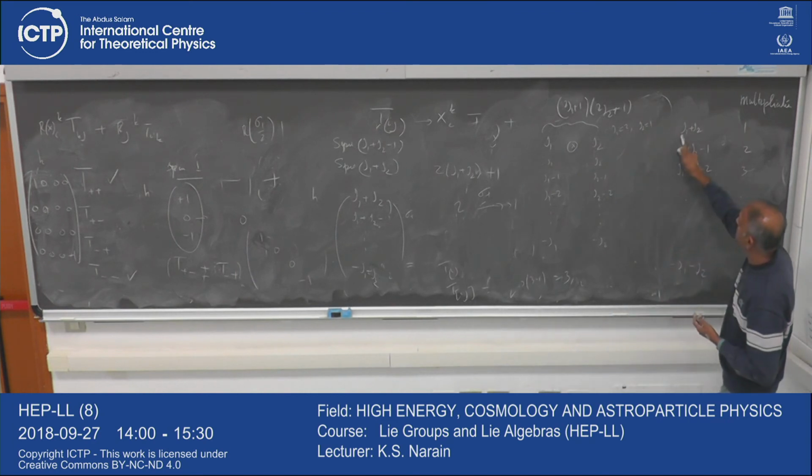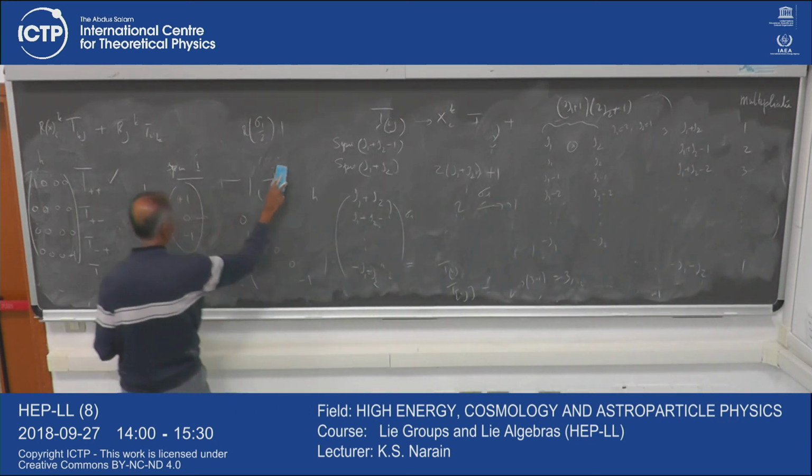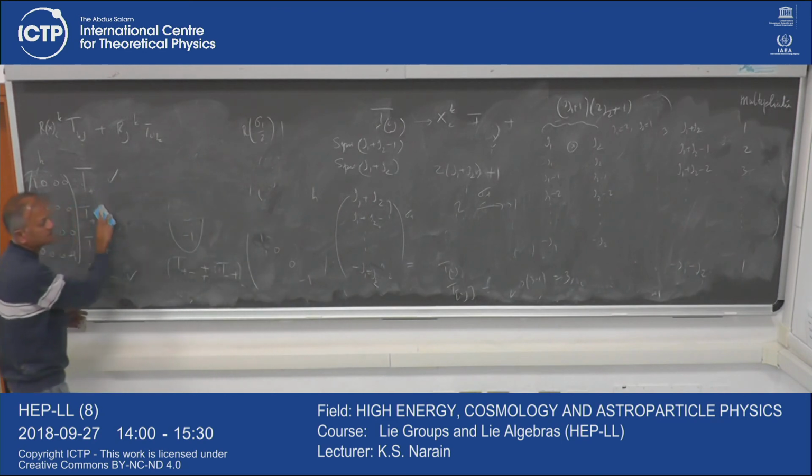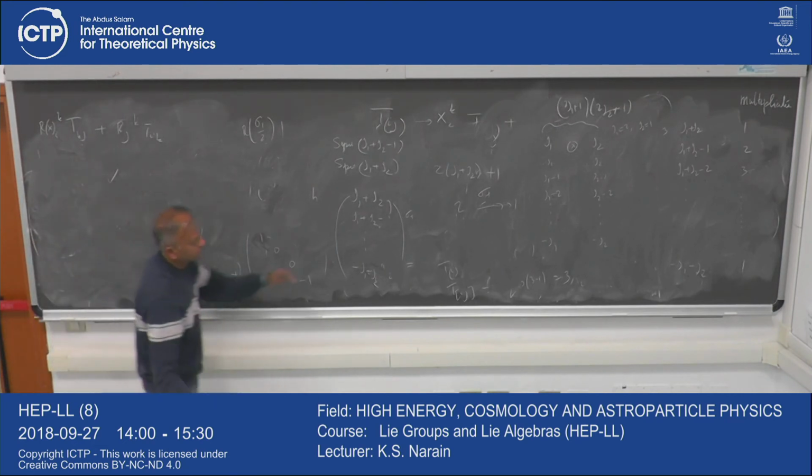Okay, so the highest is 3. It's a bit of a mess. I don't know whether you will see this phenomenon. 2 minus 1, 2 minus 1, so 2, 3, 4. Yeah, I think you'll see this phenomenon here already, of a kind of saturation.